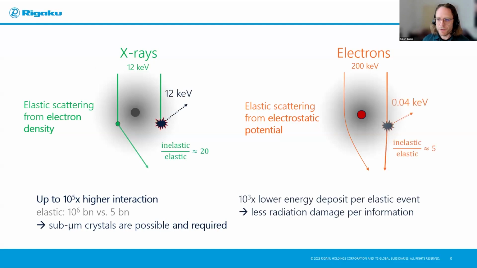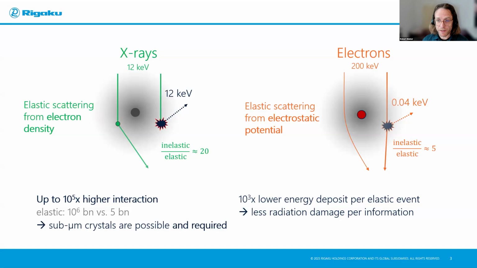A more subtle but as important point is that for each useful diffraction event, for each useful elastic scattering event, which will give you rise to diffraction, you always pay the price of some radiation damage, which your sample will suffer. And for each of those elastic interactions, you will pay a much higher price with X-rays. You get roughly 3 orders of magnitude more energy deposition for each event than you will get from electrons.